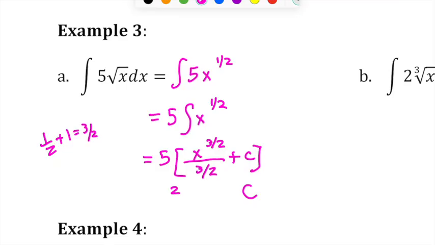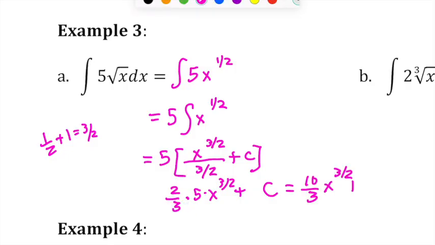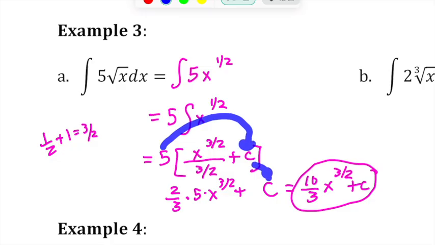So this is going to be 2/3 times 5 times x to the 3/2. And so if I finish this, this is going to be 5 times 2, which is 10 over 3, x to the 3/2 plus c. And again, when I take this 5 times my constant, I just get a constant. So that's why we just leave it as c. We don't write it as 5c.